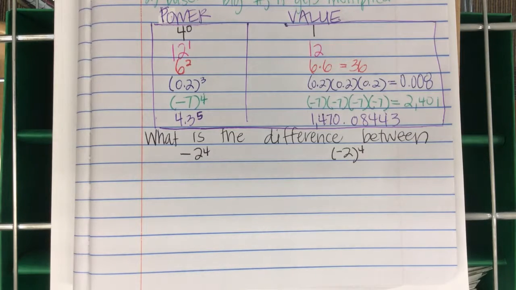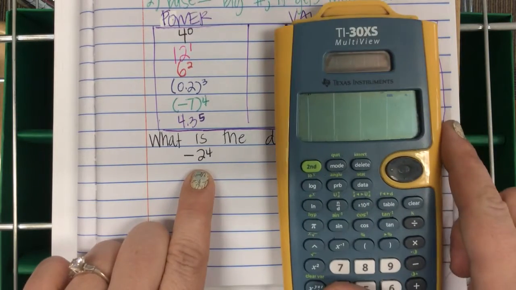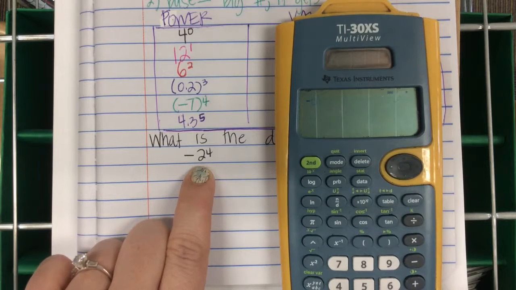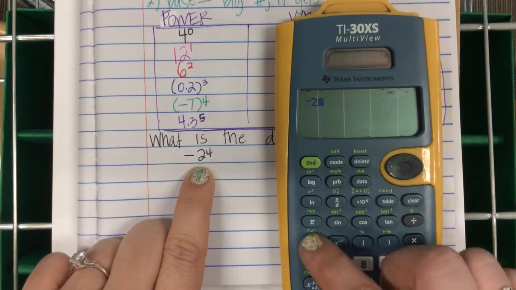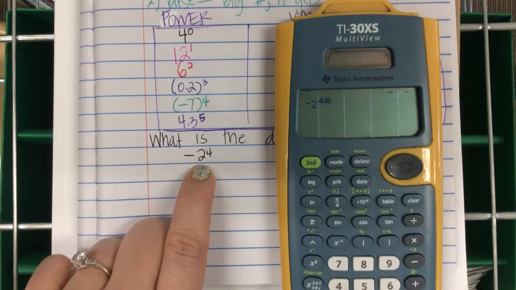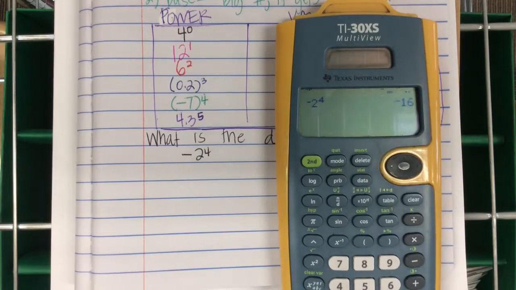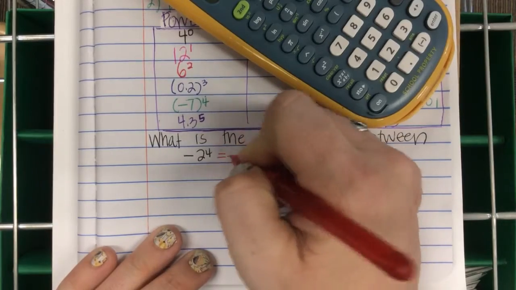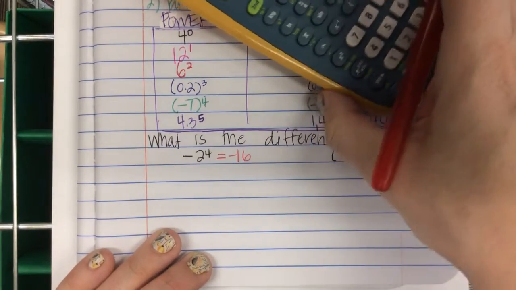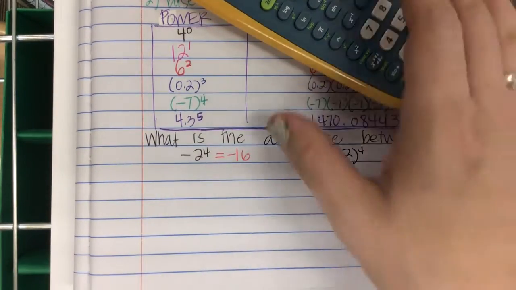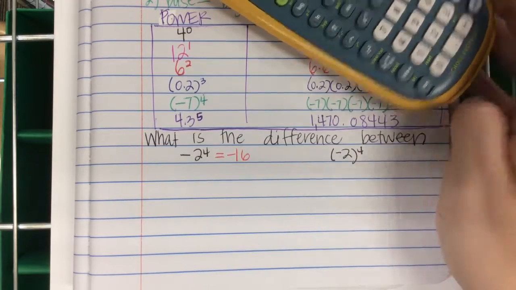So let's test it in your calculator. Let's try this one. Negative 2 to the fourth. What do you get? Okay, negative 16. And let's try this other one.